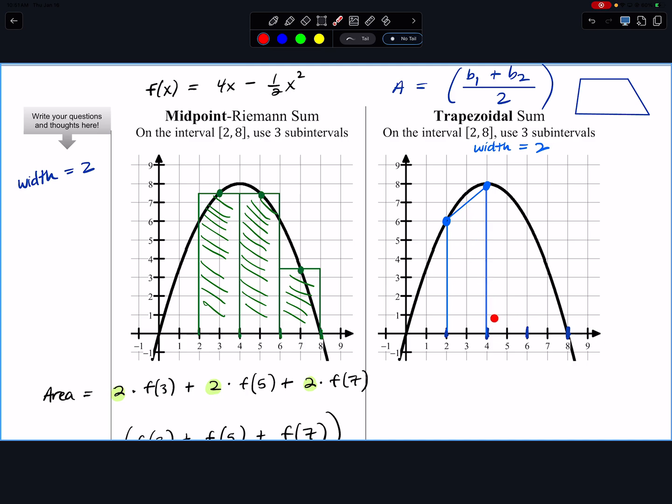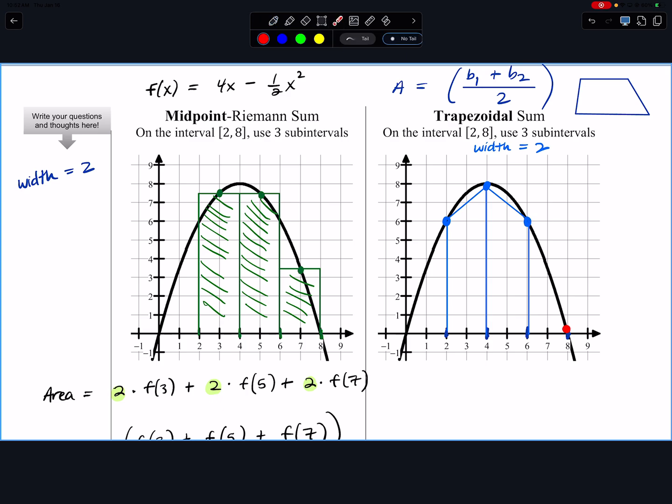From 4 to 6, draw a point at x equals 4, right there, and a point at x equals 6. Connect the dots, and then go straight down. From 6 to 8, same thing. We already have our point at 6.